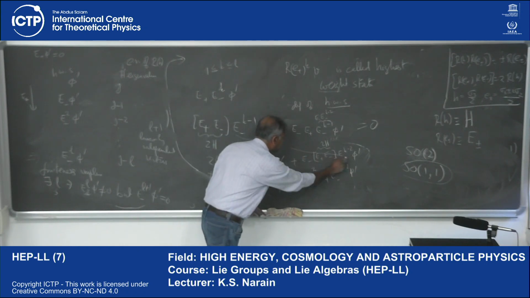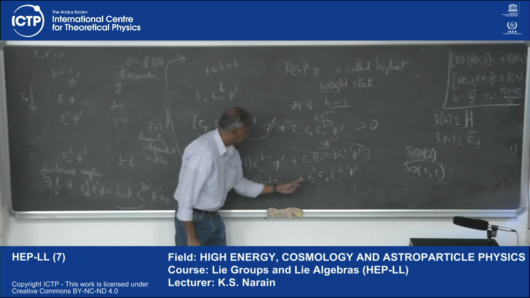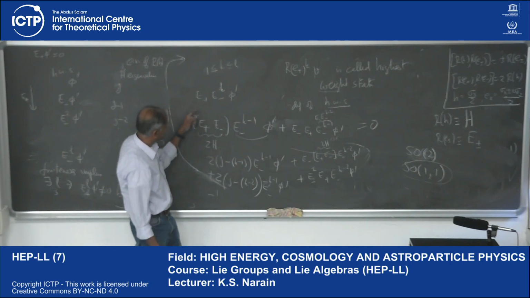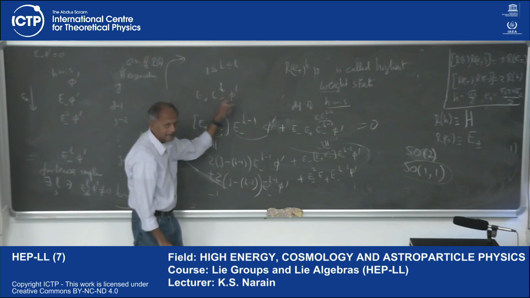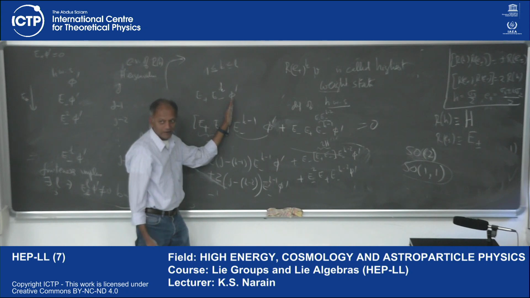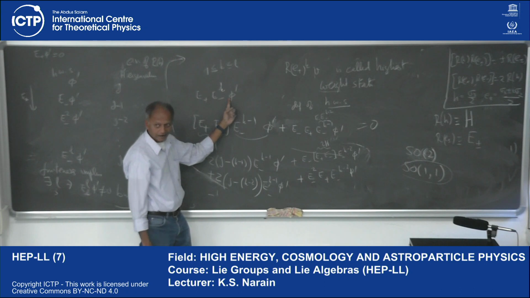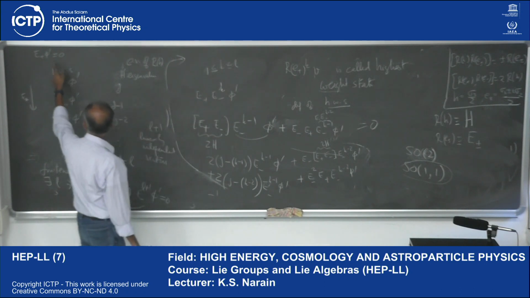So this is gone now. Okay. But now what has happened? E plus has moved. So you see, this is what we are doing now. We are moving E plus in step by step, closer and closer to phi prime. Why are we doing that? Because I know if I can move E plus all the way there, then E plus acting on phi prime is 0.